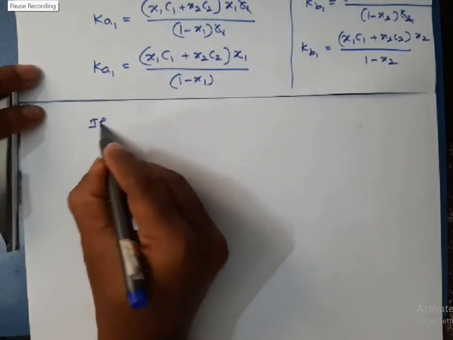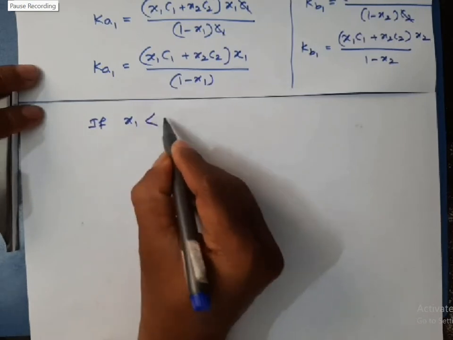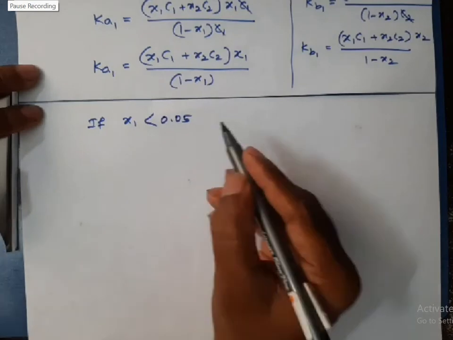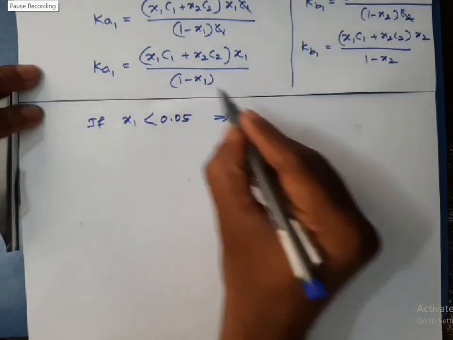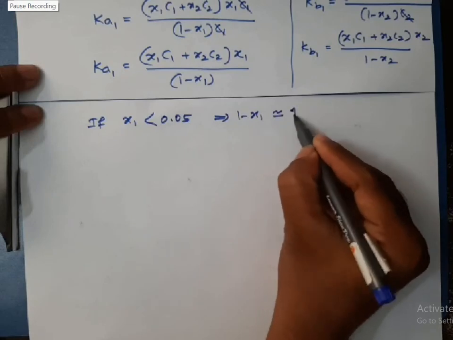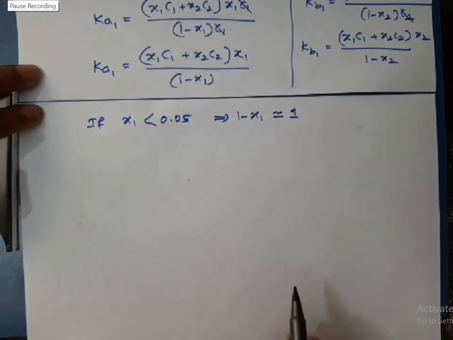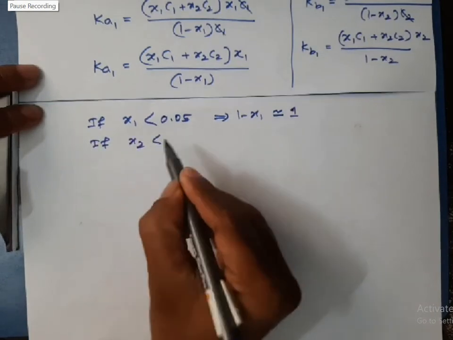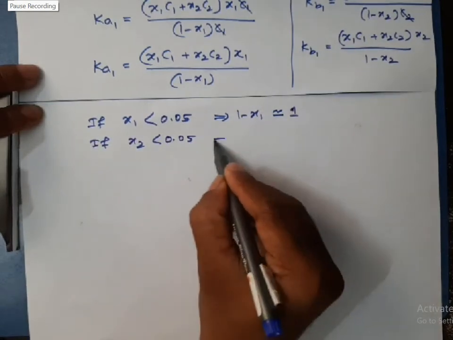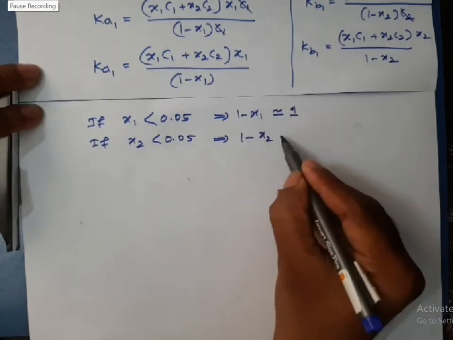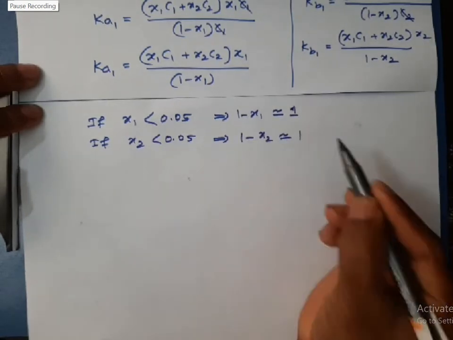Suppose x1 is less than 0.05, then 1 minus x1 becomes approximately equal to 1. You can neglect x1. Similarly, if x2 is less than 0.05, then we can neglect x2 here, so 1 minus x2 is approximately equal to 1.